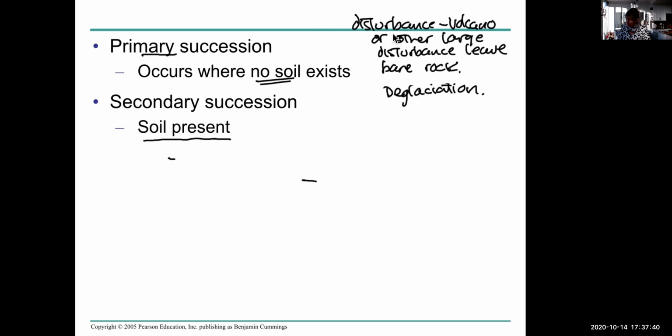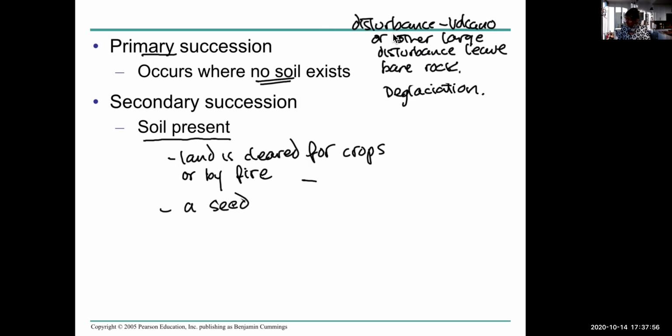So that is where land is cleared for crops or by fire. And there is a seed bank. That means a variety of seeds from the plants that were living there in the soil.